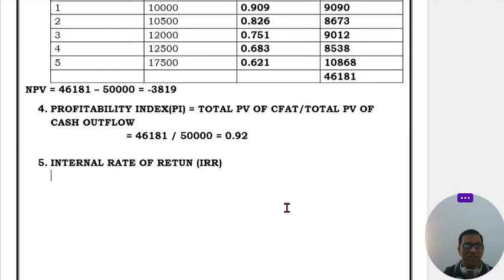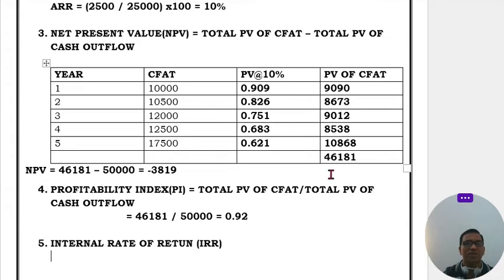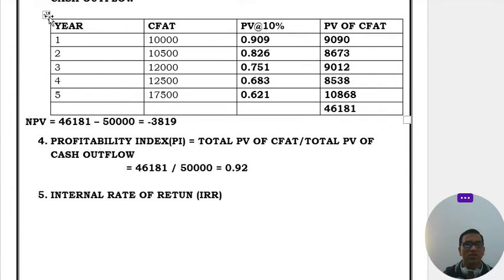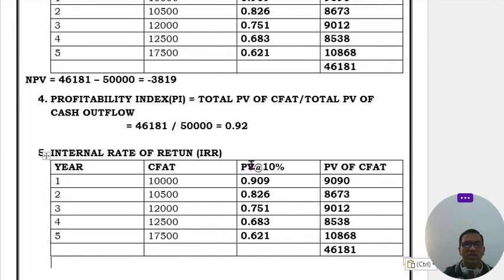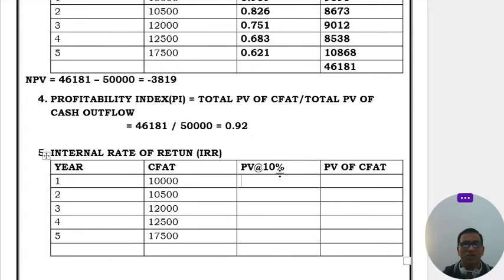Already one NPV is available at 10%. So we will calculate one more NPV at another rate of return. What is that rate of return? That we have to check.